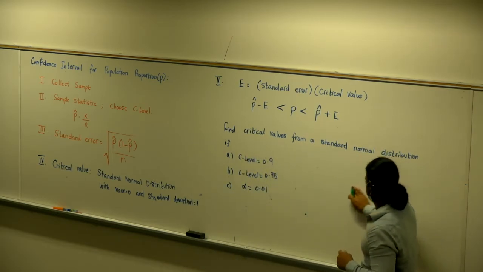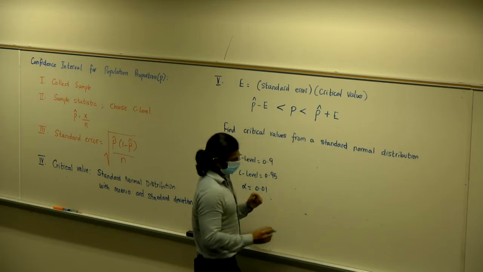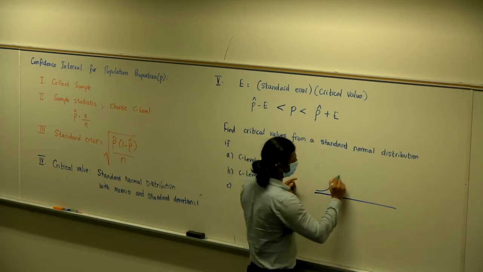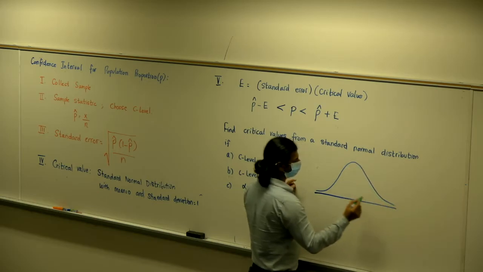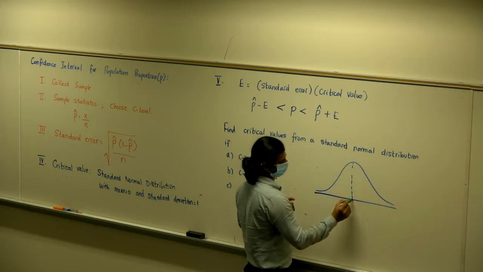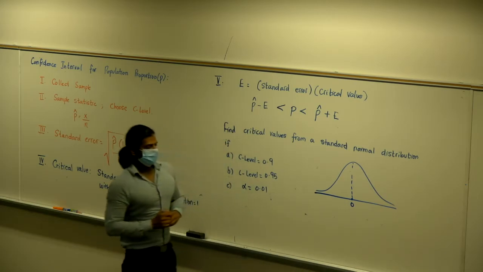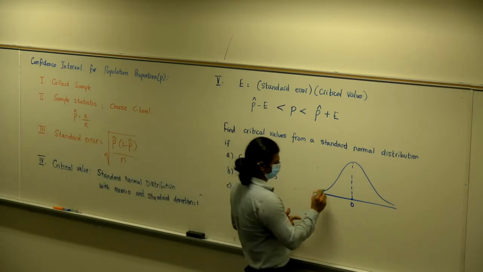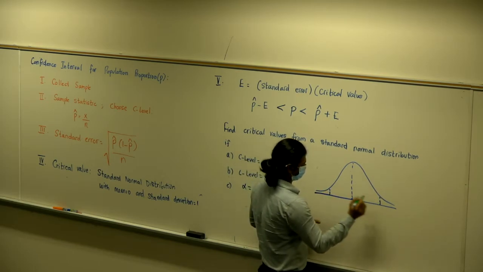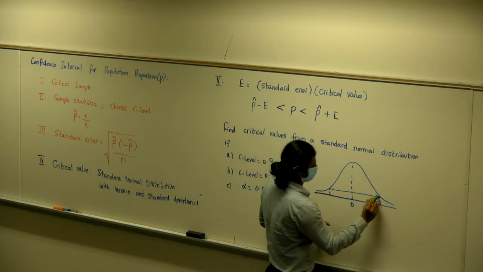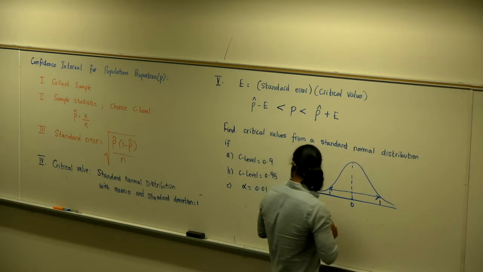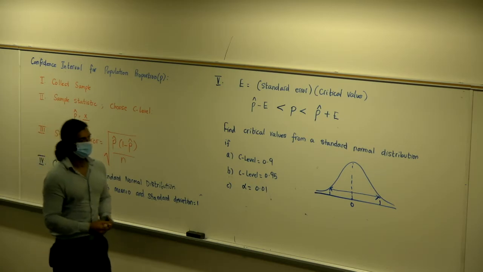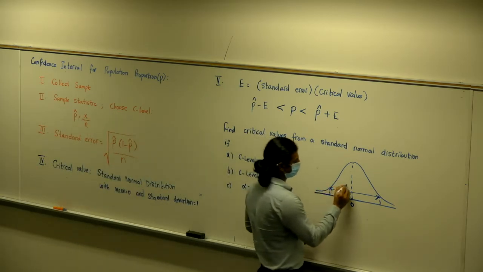Just like last time, first we need the distribution, which is a bell curve. Zero is right in the middle. The confidence level for the first case is 0.9. In other words, it is 90%.